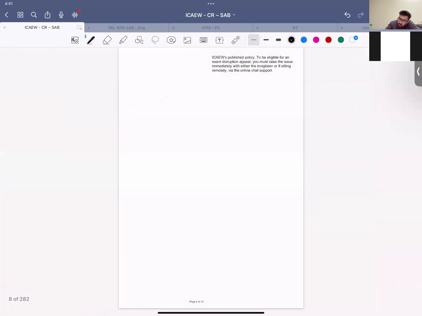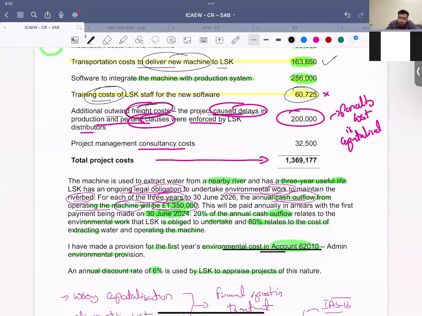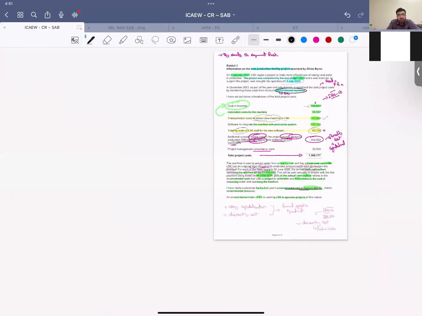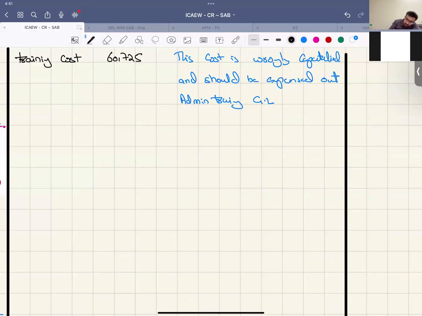Now, additional outward freight: the project caused delays in production and penalty clauses were enforced by LSK. So these are penalties, and these freight charges are because of the management's mistakes, so they cannot be made part of the asset. You are just hindering your P&L. So freight is 200,000.